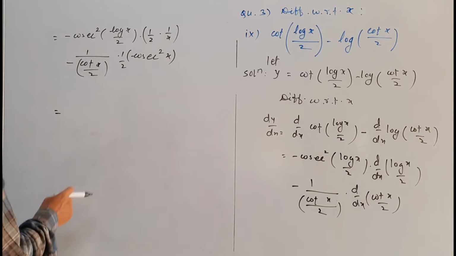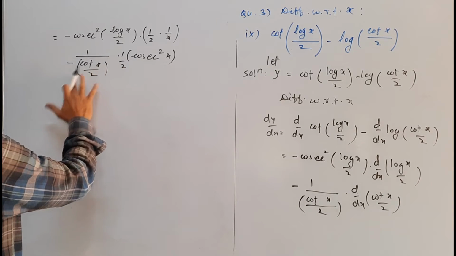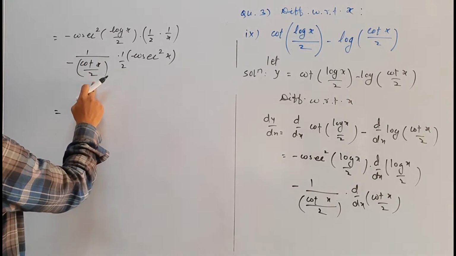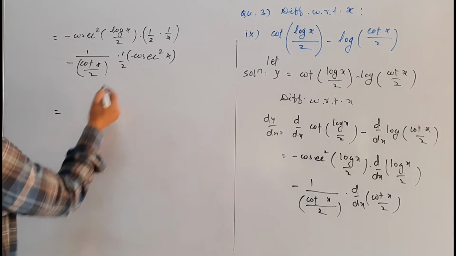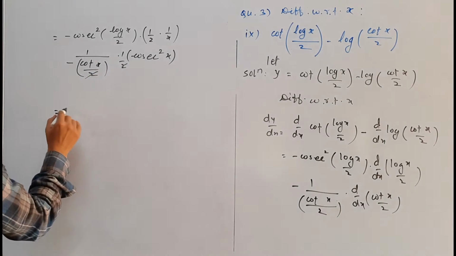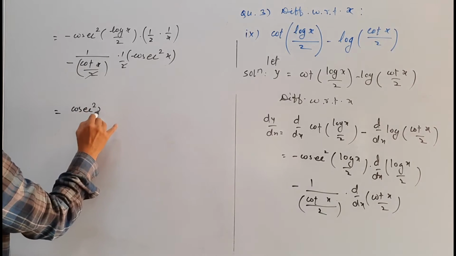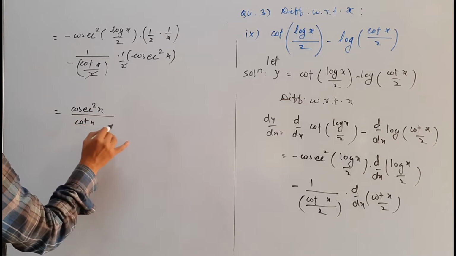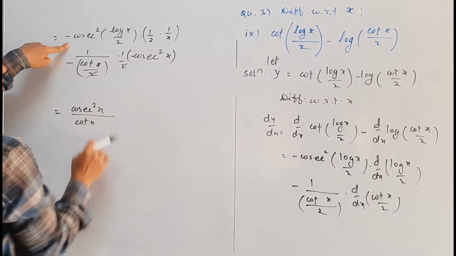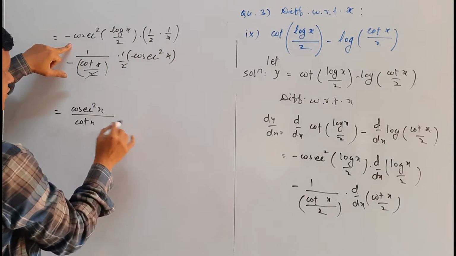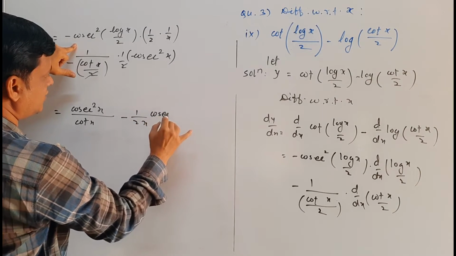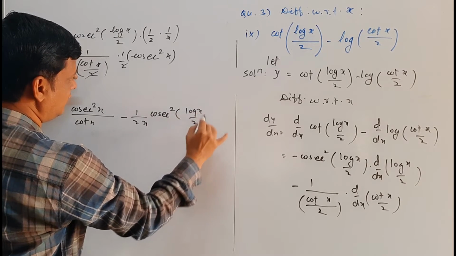So when we multiply this minus cosec square x with this 1 upon cot x by 2, this minus minus gets plus and this 2 gets cancelled. So we write here minus minus plus cosec square x upon cot x, then this log x by 2. So we write at first position minus 1 upon 2x into cosec square of log x by 2.